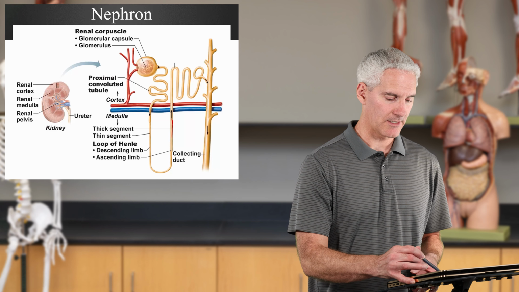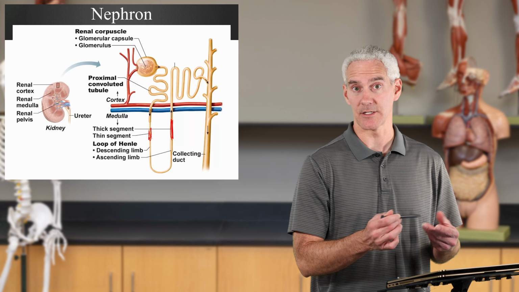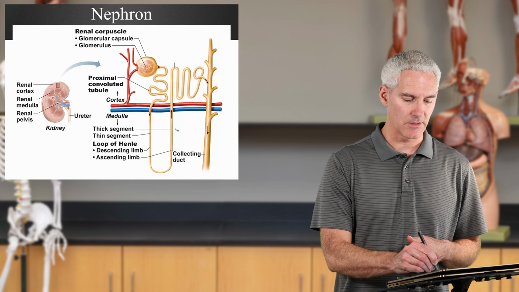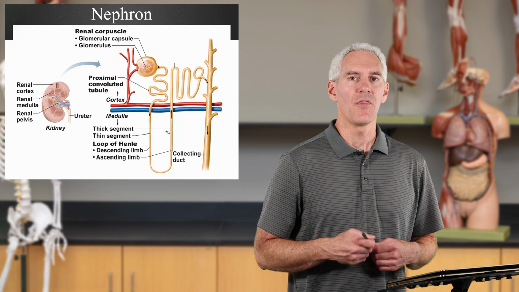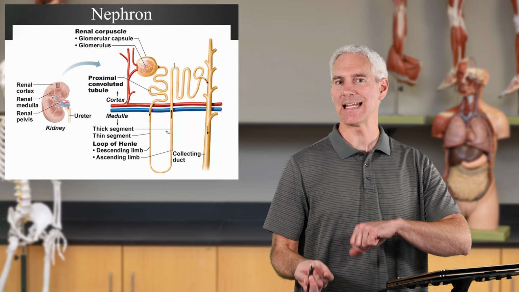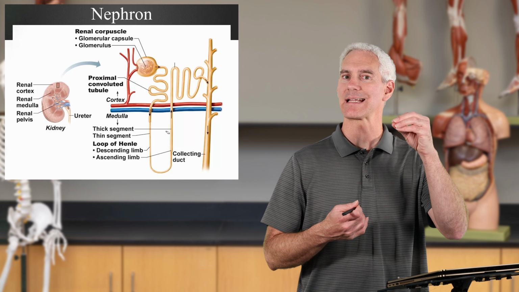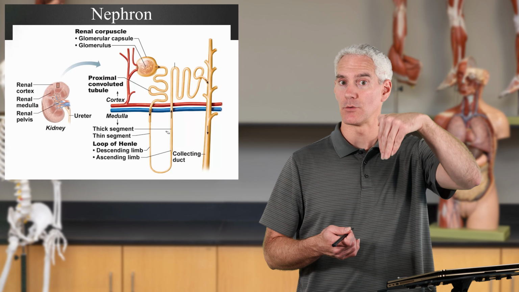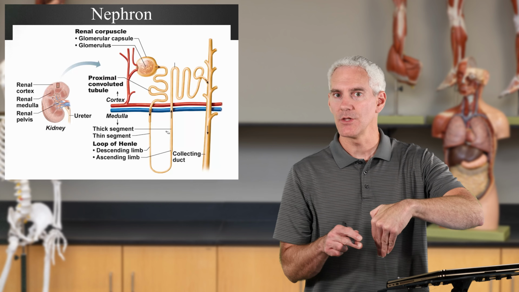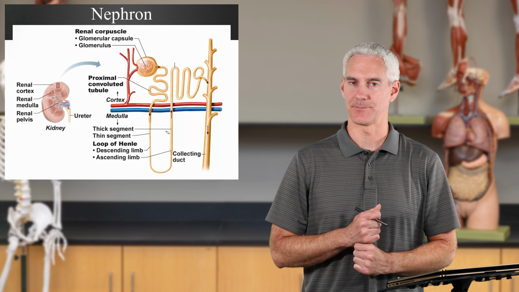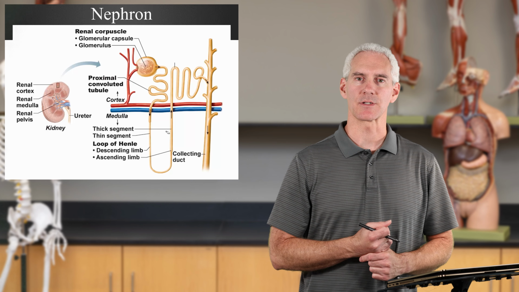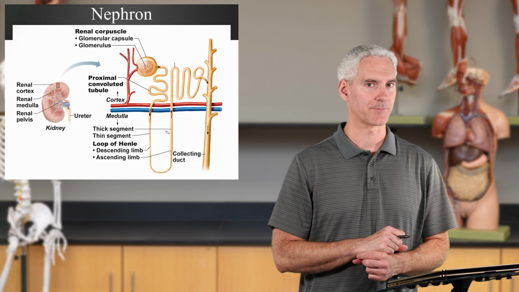You can see how this one here is thicker and this area is thinner. It's physically what you're looking at. Then you also have the descending and ascending limbs. Well, as you go from the proximal convoluted tubule, you go down the descending limb, you come back up the ascending limb. So two different parts that go into this loop of Henle.